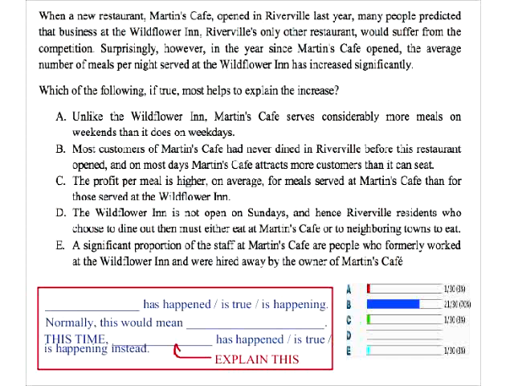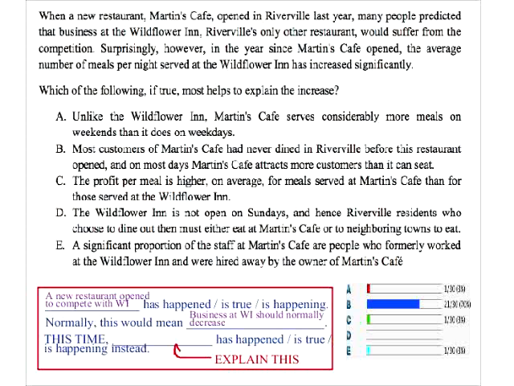What's happening here is you've got a competing restaurant. You have a new restaurant open to compete with Wildflower Inn. Under normal circumstances, if you open a competing business, then you would expect that business at the original establishment would go down, because you've got competition.